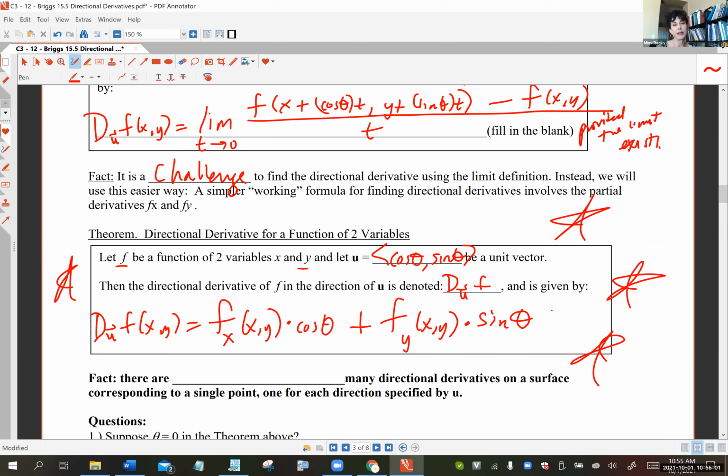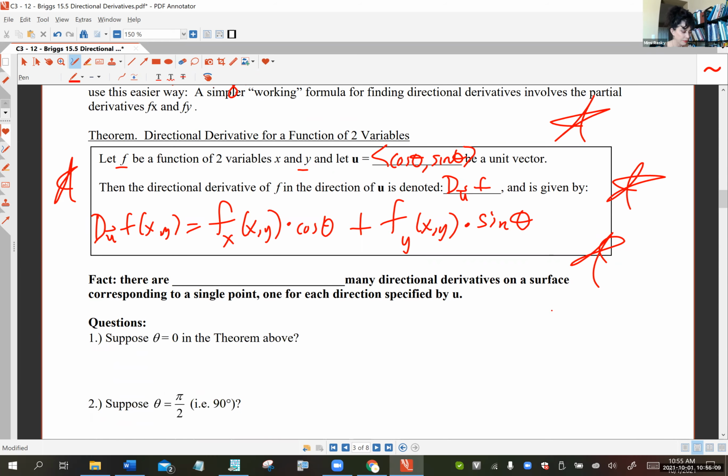And before we do some examples with this, let's do a little bit of fun and play with it. Fact: there are infinitely many directional derivatives when you're on a surface, corresponding to a single point. Why?